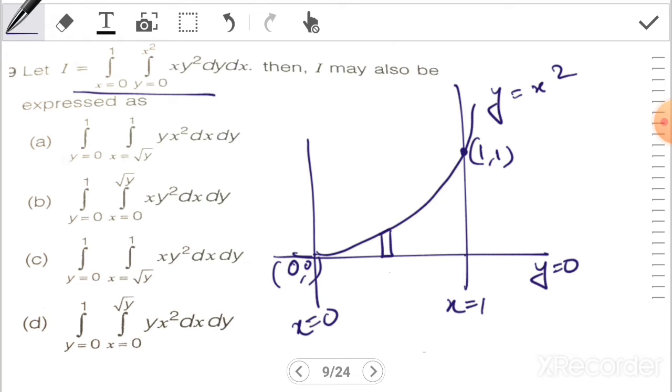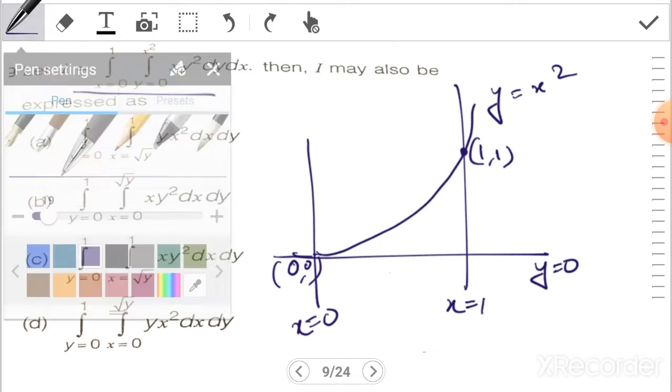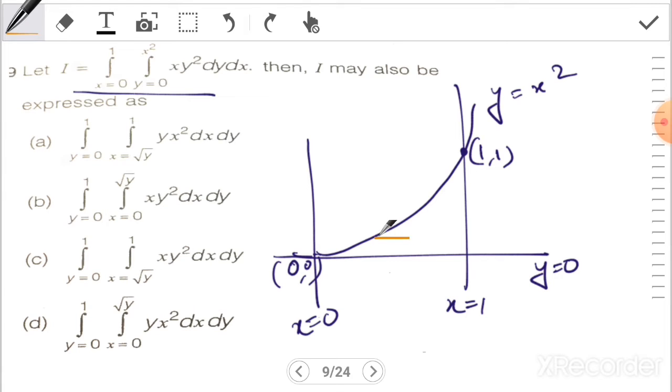If you move this slider like this, now in order to change the order of integration, we have to consider a horizontal strip.